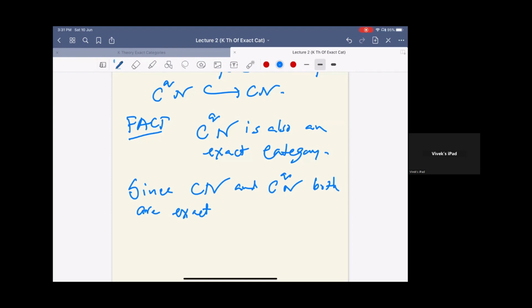So note that we start with the exact category N, then we construct C(N), the category of bounded chain complexes, and CQ(N), the category of bounded acyclic chain complexes. Starting with an exact category, we are still in an exact category. So both are still exact categories.